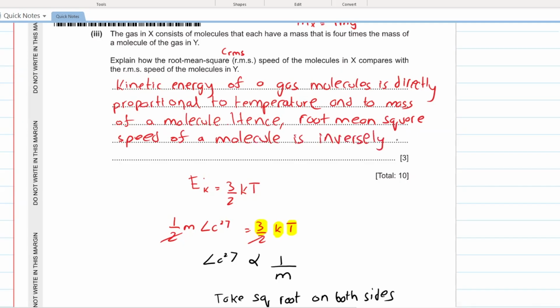Is inversely proportional to the square root of mass. Perfect. Now what will you write as the last line?